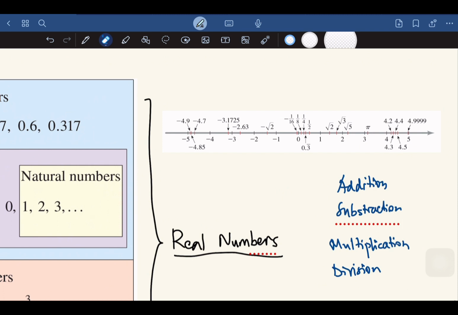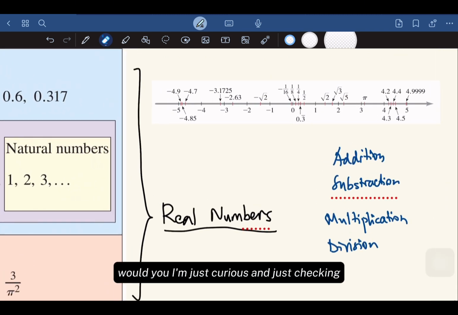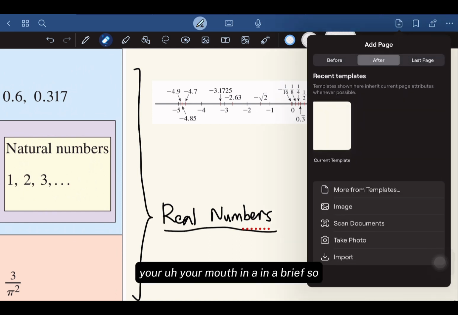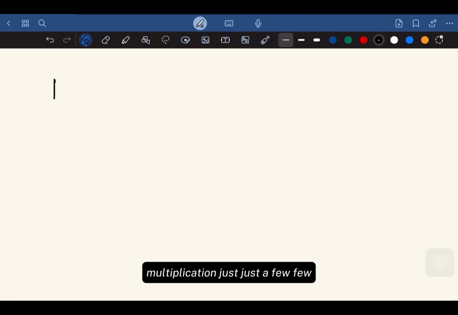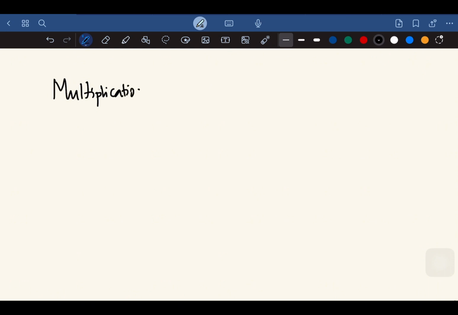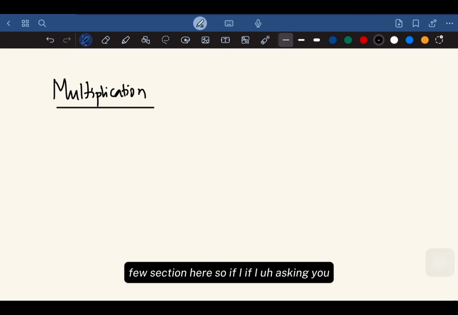I'm just curious, just checking your math briefly. Multiplication, just a few points here. If I ask you to multiply by 1, you know that this will be 2, right?